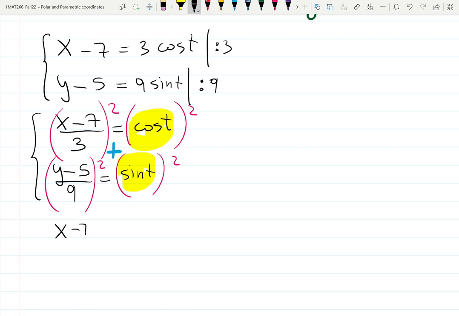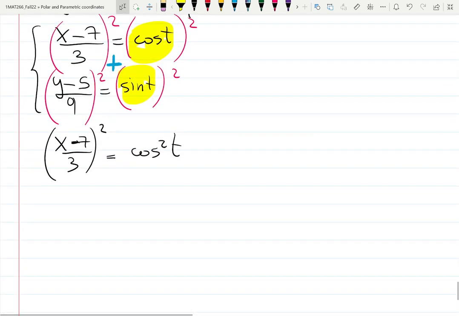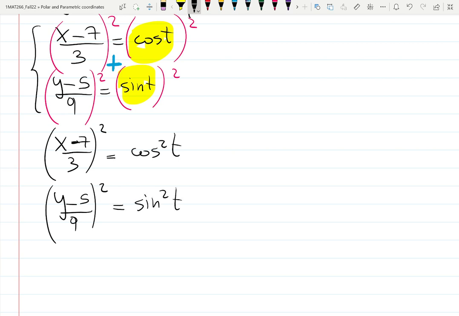X minus 7 over 3, everything squared, equals cosine squared t. Y minus 5 over 9 squared equals sine squared t. Okay, fine, I'm too slow. And now I'm adding this together.